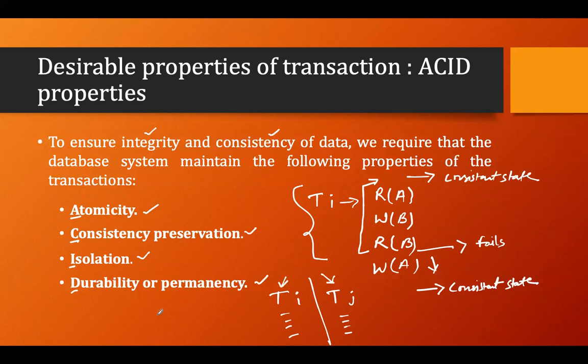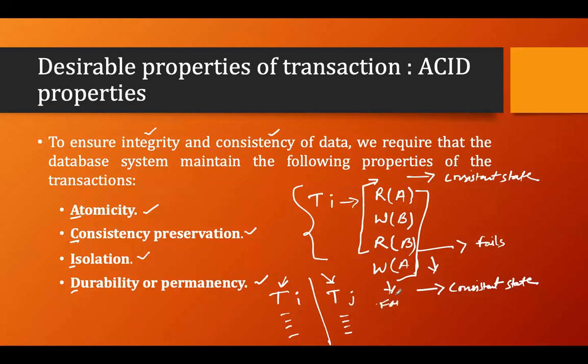Third is called durability or permanency. It says that if I have done some transaction, even if the failure occurs, those changes would be reflected in the database. Let's say I have executed all these operations, and after that my database fails, or there is some problem with the database.